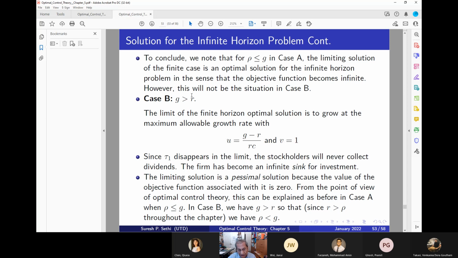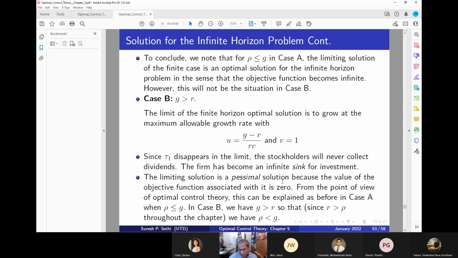But when G is bigger than R, there are different problems. Now the limit of the finite horizon solution is to grow at the maximum allowable rate, because now I can allow the maximum rate. I don't have to pay any dividend because V equals 1. If you take the limit, there are no dividends, and stockholders get nothing.